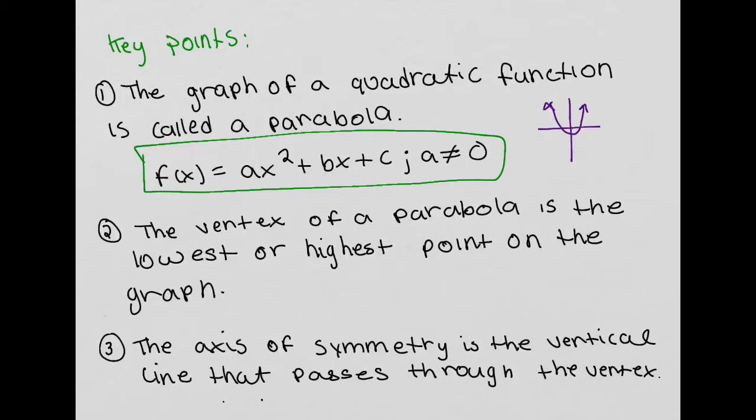In this case, this has a minimum, so the lowest point will be the vertex. The axis of symmetry is the vertical line that crosses through the vertex. So the axis of symmetry is the x value of the vertex. So it's a vertical line that crosses right through the middle of the graph.